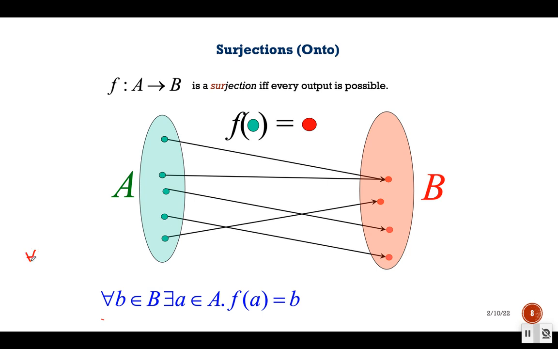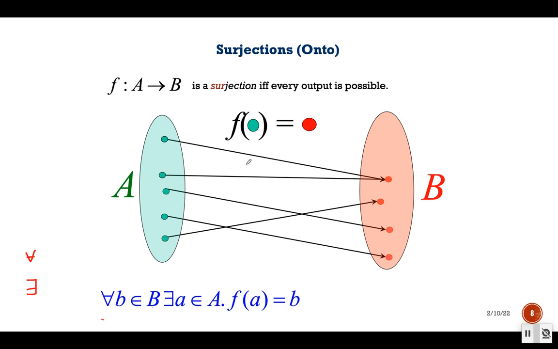Just recap, this one is known as "for all", and this one is known as "there exists". Look at how I'm reading these notations: for all b belongs to B, there exists a belongs to A such that f of a equals b.